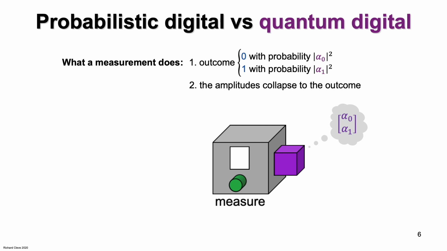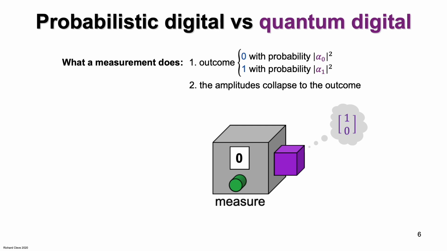Okay, let's see this in action. We press the button, and in this case, the outcome is 0. Also, notice that the state of the qubit has changed. Alpha 0 has become 1, and alpha 1 has become 0. The original amplitudes, alpha 0 and alpha 1, are lost. In this sense, the measurement process is a destructive operation.